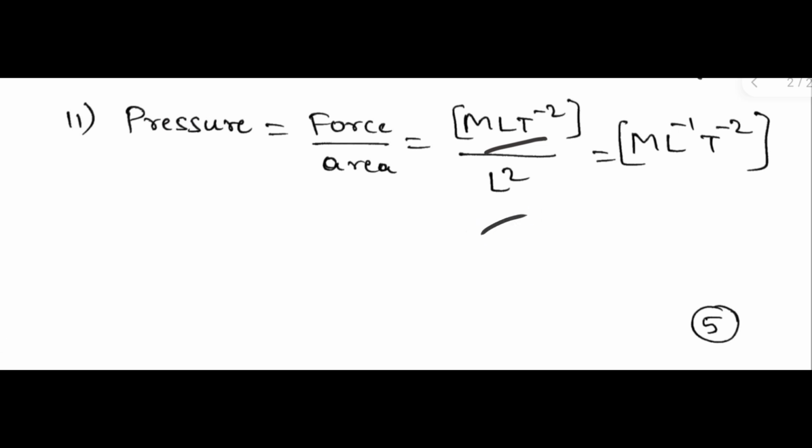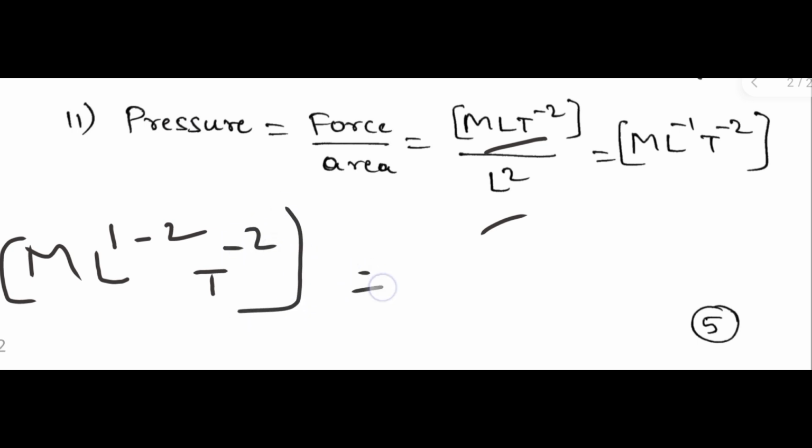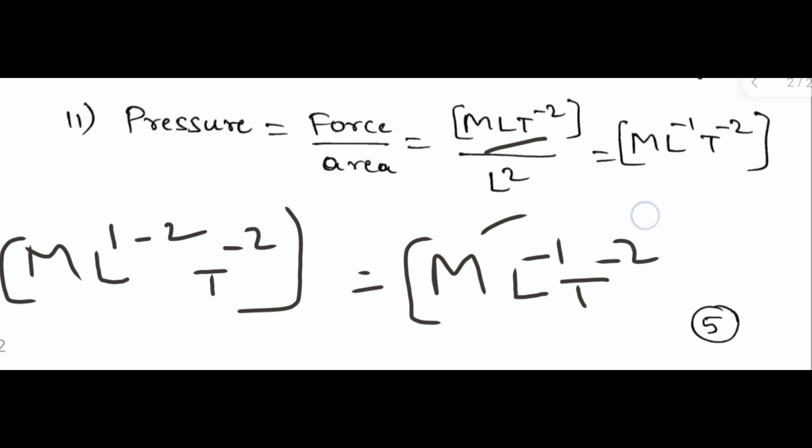Interchanging L square to the numerator, that becomes M L, already 1 is there, and again that becomes minus 2 for L square, and T to the power minus 2, that becomes M L to the power minus 1, T to the power minus 2. Okay, M L to the power minus 1, T to the power minus 2 is the dimension of pressure.